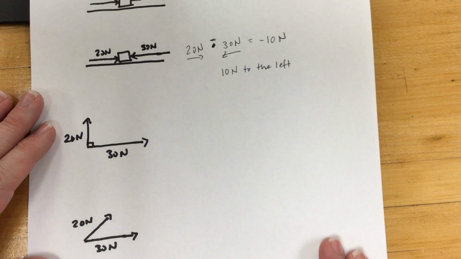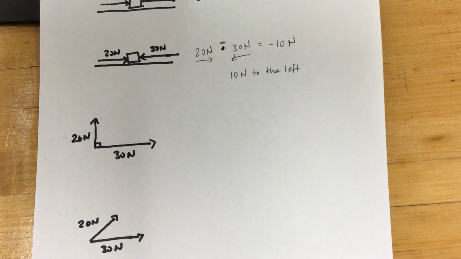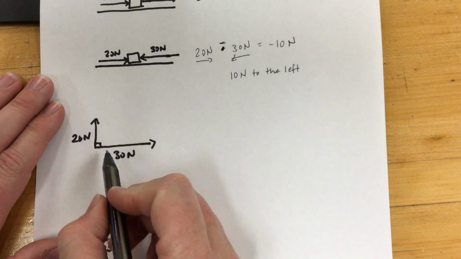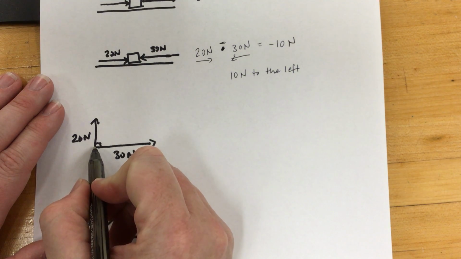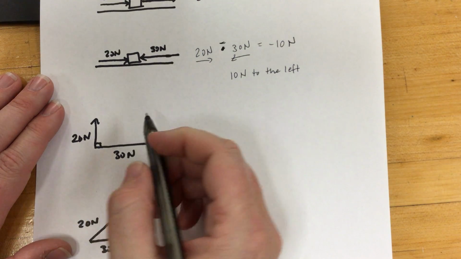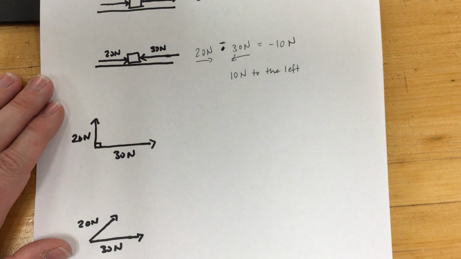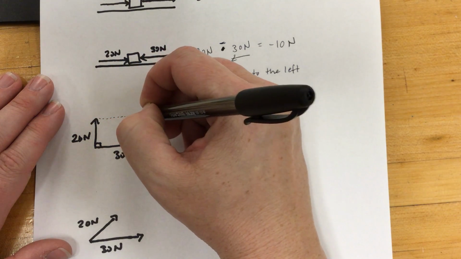The third way that this happens is where they are directly at a right angle to each other. If I were pushing up and over, the object would be moving somewhere along this line. Every time it went up a little bit, it'd go over a little bit, up a little bit, over a little bit, and you wouldn't see each of those. You would see a straight line. The way that we draw that out is we make a rectangle out of this.